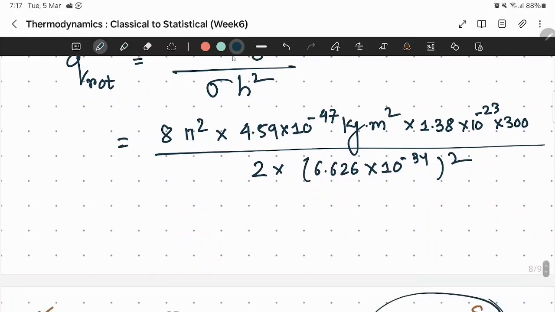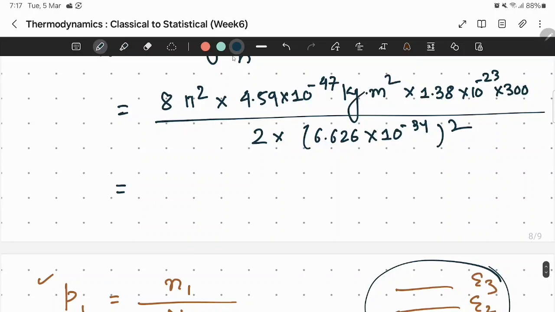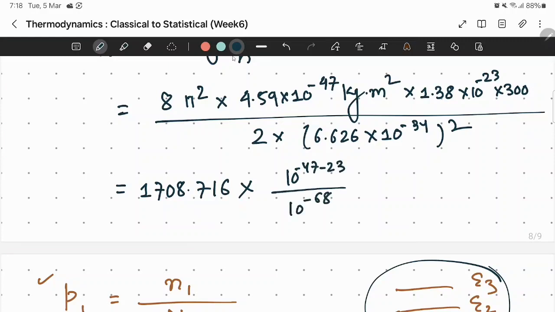So it is square. So it will be square into 4.59 into 1.38 into 300 divided by 2 divided by 1708.716 into 4723.68.